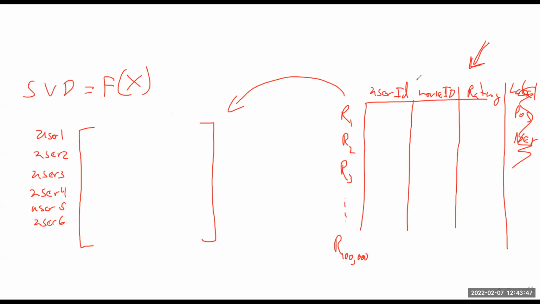So we need to transform it into a different format. The format that we're going to use is where this is the users and this is the movies.